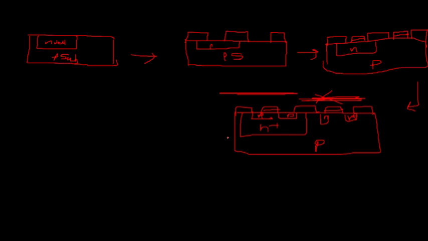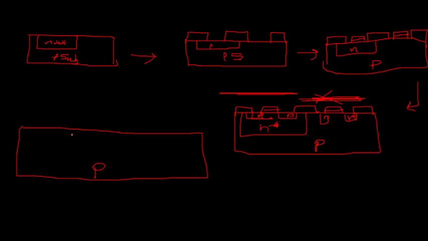After these dopings are over, contact cuts have to be made. Contact cuts mean substrate connection. So here N plus is the substrate connection. Basically this is P type, this is N, and then source, drain, source, and the gate terminal.